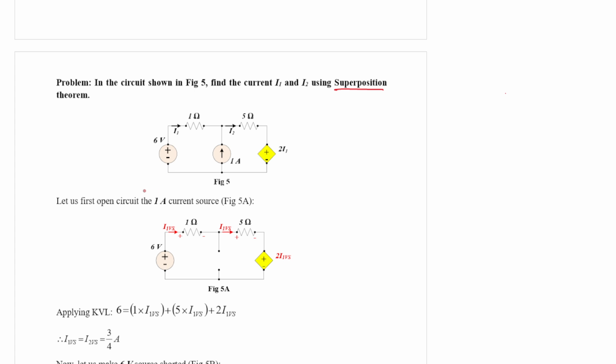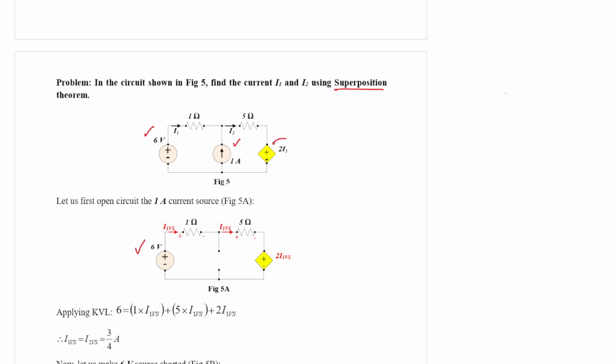Two sources. So here we have one voltage source and another current source. We need to consider one source at a time, keeping the other sources off. Let us first consider the 6-volt source. This is the voltage source, and again this is a dependent source by this symbol.